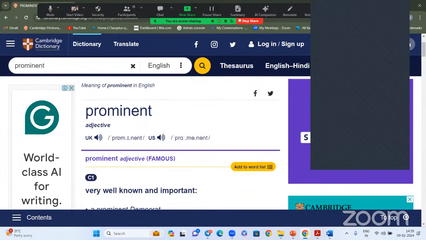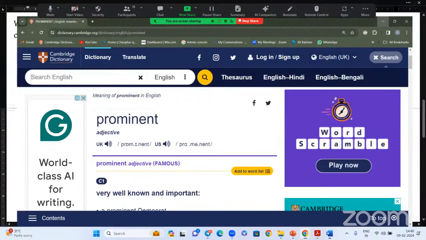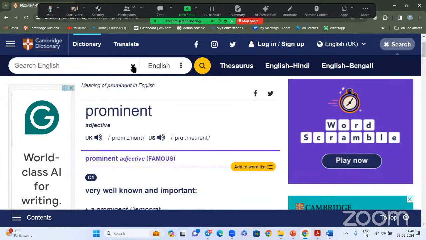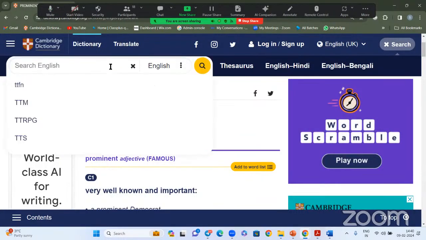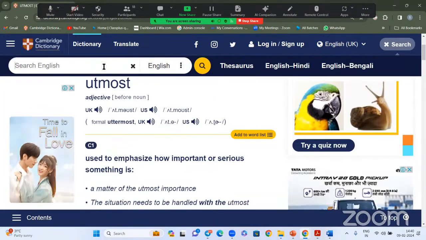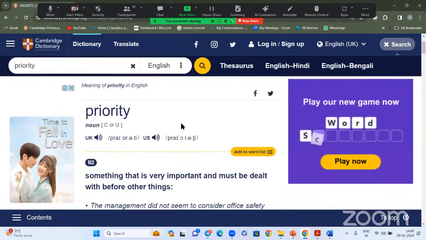Then if you use C1 vocabulary, they will give you a B grade. Then only B2 or B1, they will give you only C plus or C. So don't use lower quality words as far as possible. And you can say utmost priority, two words. Utmost is C1 and priority is B2. So utmost priority. Utmost is okay.